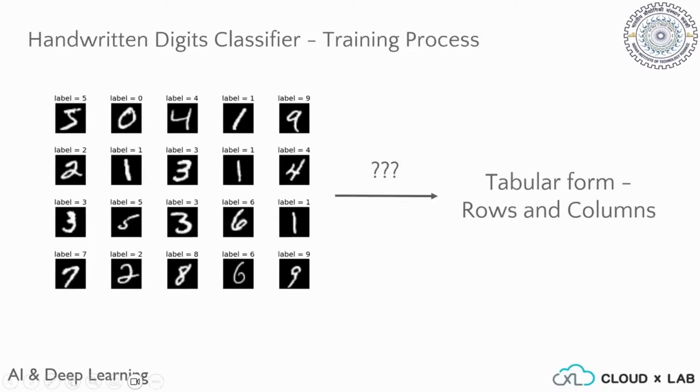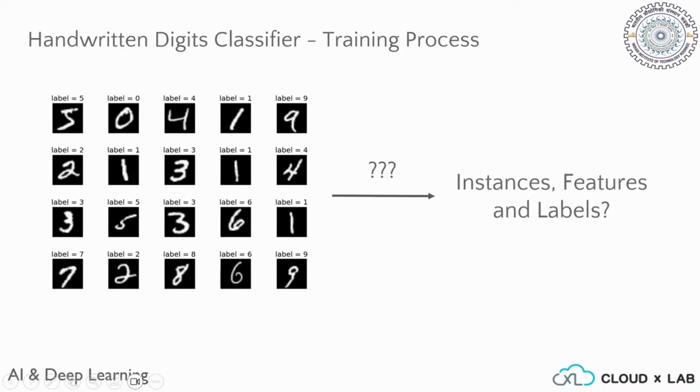So we are given 70,000 labeled images in a tabular form, where we have rows and columns. This slide I have already explained. Here we have 3 terms: instance, features, and labels.